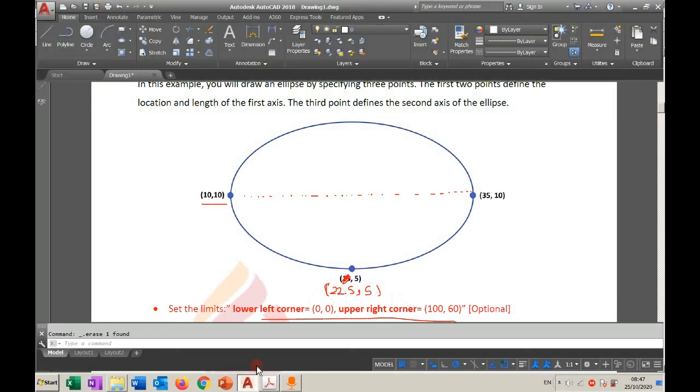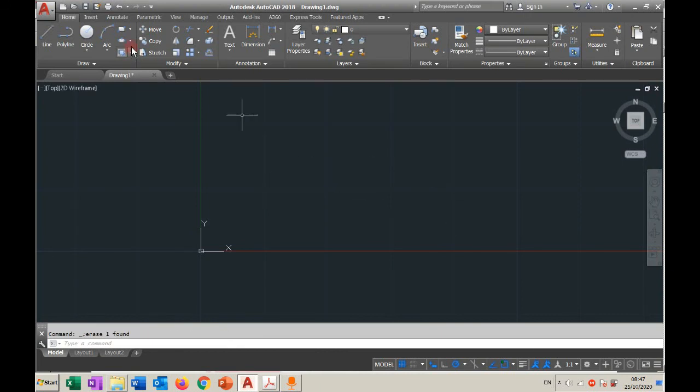Let's go to AutoCAD. I'm deleting this one. Going to axis end. I'll type 10, 10 and hit enter. Then I'll write hashtag 35, 10 and hit enter.